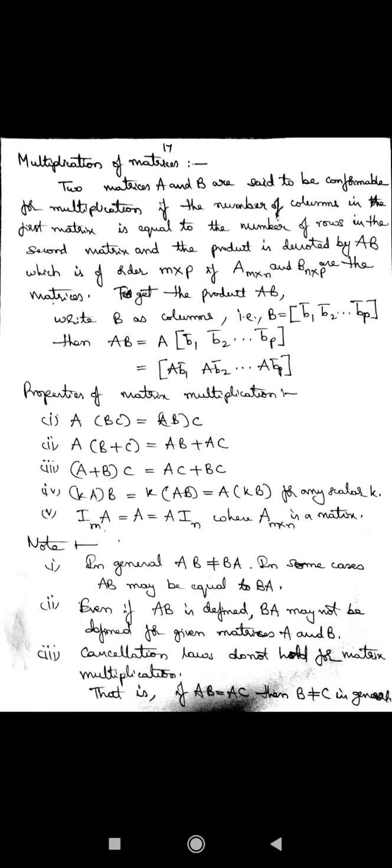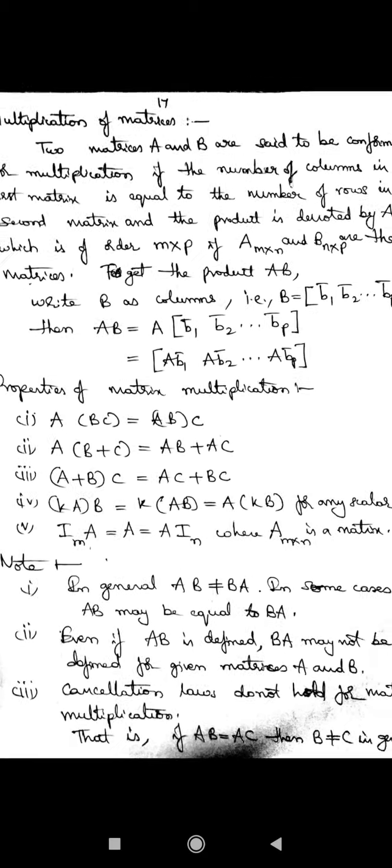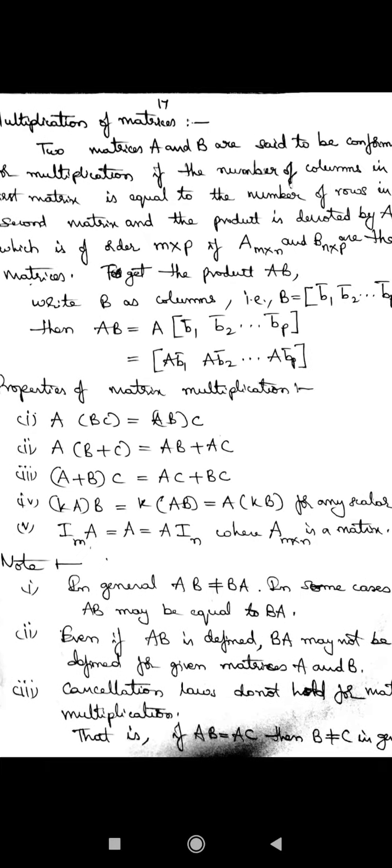So if A is of order m by n and B is of order n by p, then the number of columns in A is equal to the number of rows in B. If such a condition is satisfied, then A and B are conformable for multiplication, and the product is denoted by AB, and that will have the order m by p.